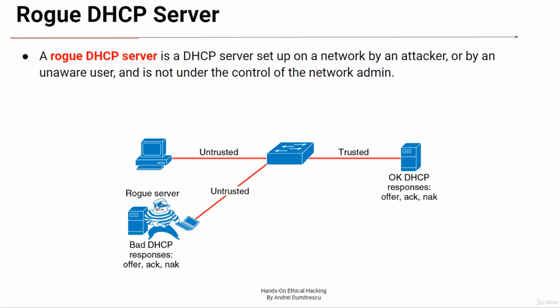Hackers can also set up a rogue DNS server and deviate the user traffic to fake websites and launch phishing attacks. Okay, in this lecture, we have seen how DHCP works, what the security problems are, and how a hacker could attack DHCP. In the next lectures, I'll show you live examples of these attacks.